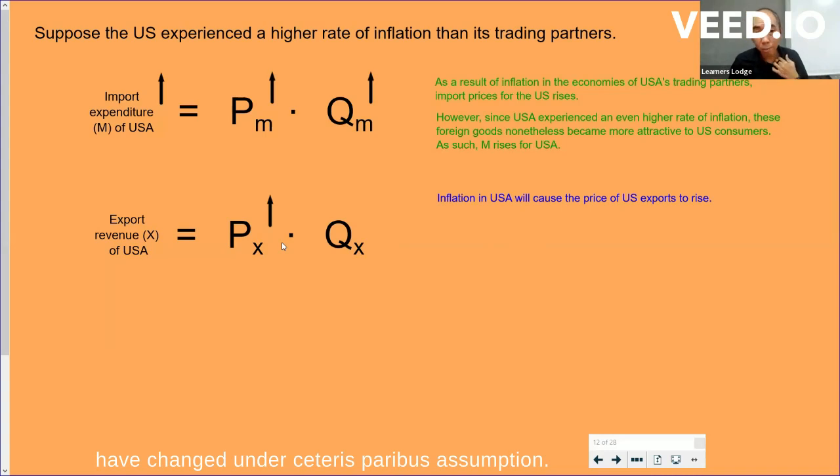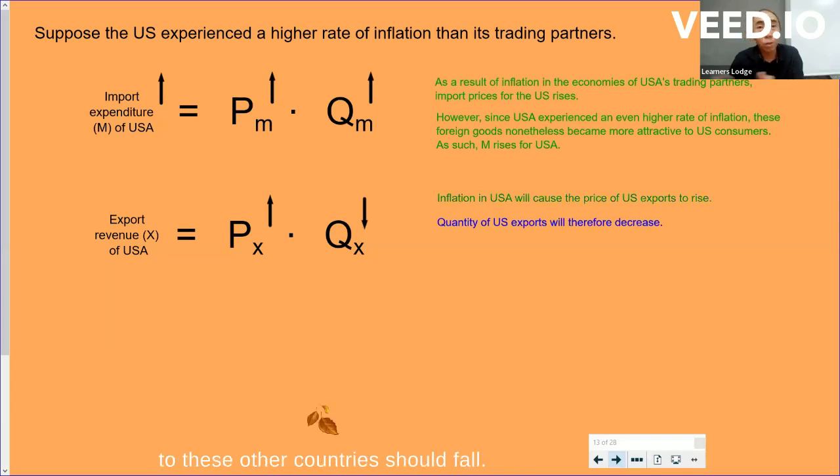So with export prices increasing, other countries, although also facing inflation, are experiencing it at a lower rate, which means American goods are becoming less attractive due to getting more expensive faster than the goods in their own countries. So quantity of exports sold from America to these other countries should fall, so QX should fall. Now, if PX is rising and QX is falling, the product of the 2, which is export revenue, will it be rising or falling? The answer is actually indeterminate at this point.